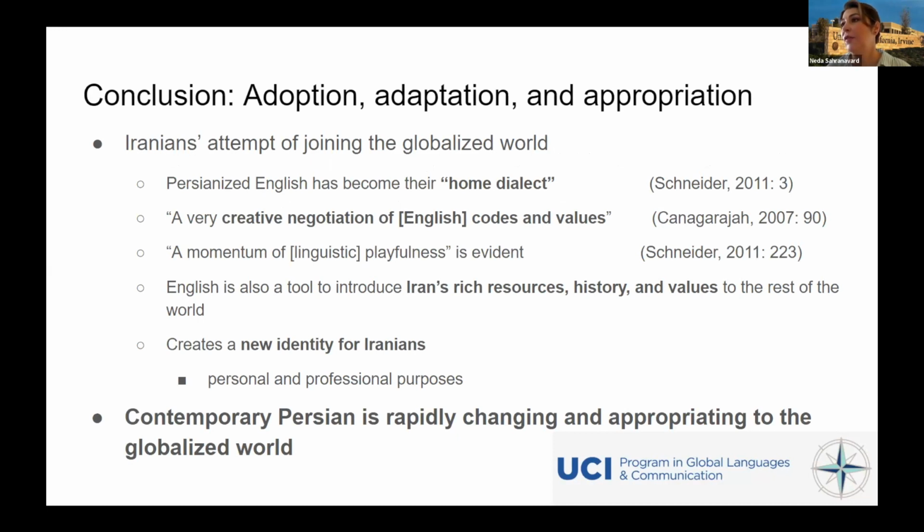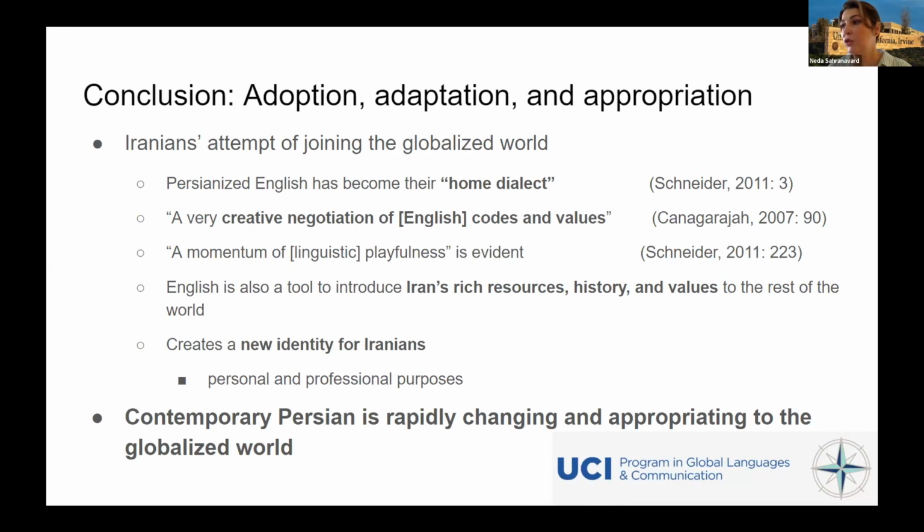Iranians' attempt at joining the globalized world is evident in using Persianized English as their home dialect. A very creative negotiation of English codes and values is evident in daily Iranian discourse, and a momentum of linguistic playfulness is also evident.